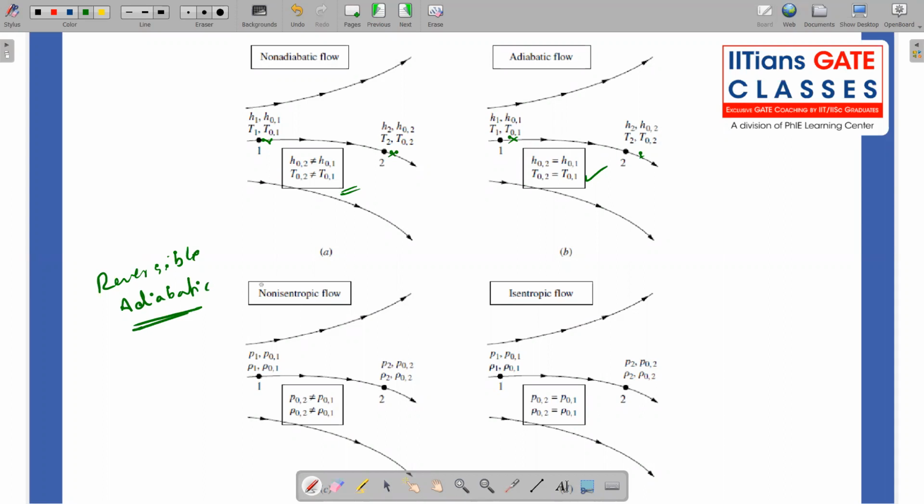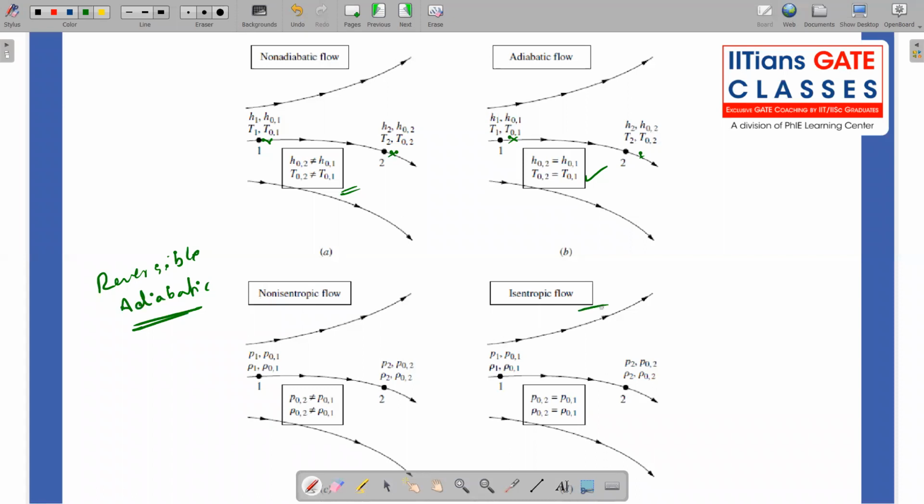We didn't consider whether it is reversible or irreversible. We took it as an irreversible process and started off with that. So it is fine to define a stagnation enthalpy for an irreversible adiabatic process, but to define a stagnation pressure or stagnation density, it has to be reversible and adiabatic.